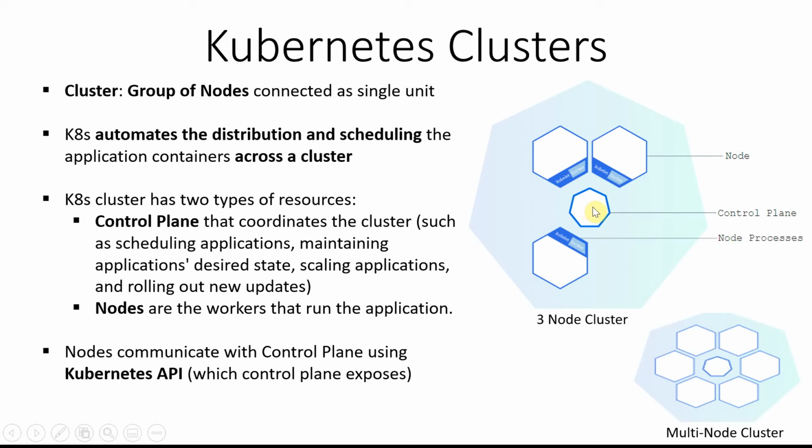So in the master, what you need to remember is the Kubernetes API. It plays a very important role because all the communication to the control plane happens through it.